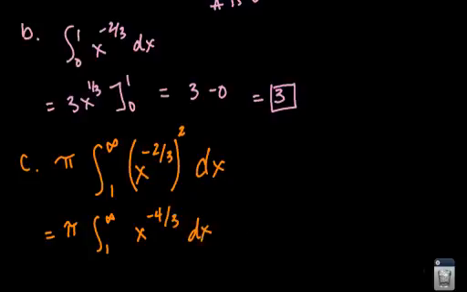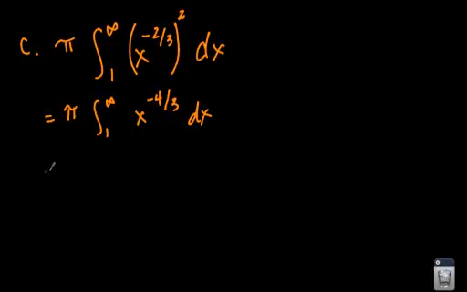Now I'm going to integrate. So I end up with pi times, remember, we're adding 1, or in this case 3 over 3, because that's the same thing as 1. So I end up with x to the negative 1/3, which means that I divide by negative 1/3. That's the same thing as negative 3.